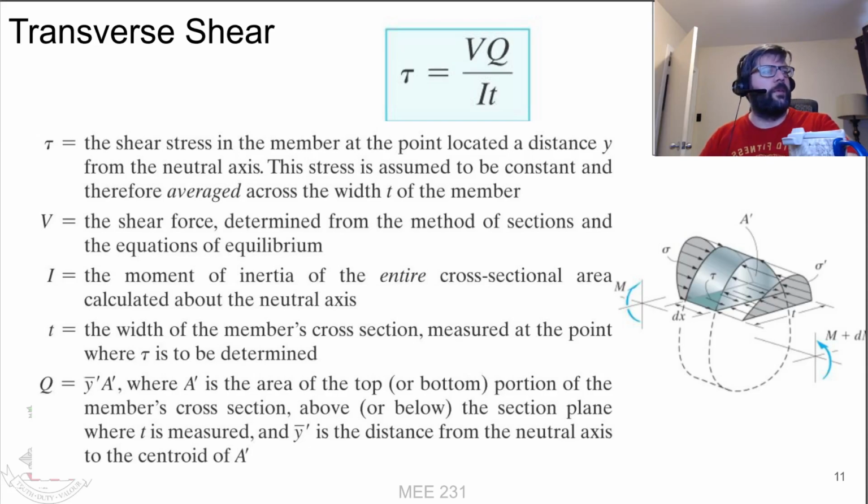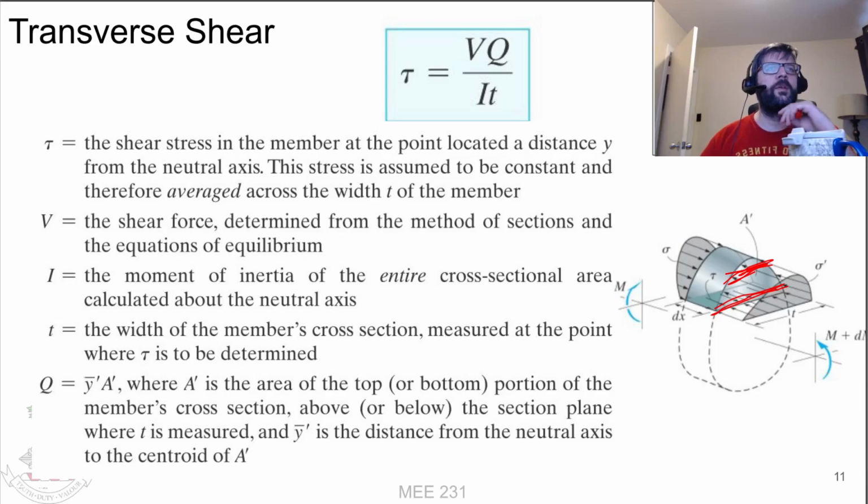If we're looking at the little top here, it'll have a different t than if we were looking down at the bottom here. And Q varies based upon what height we're looking at as well, because we're looking at the Q for the cross-sectional area that is separated from the neutral axis by the space we're looking at.